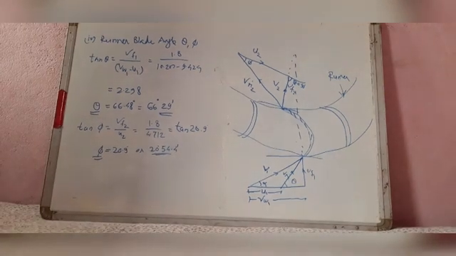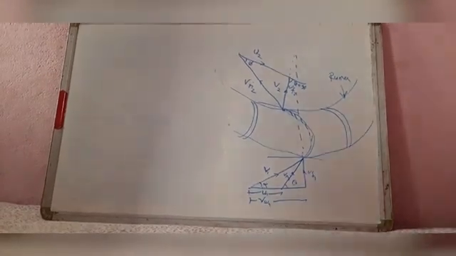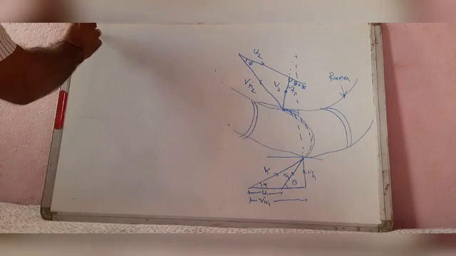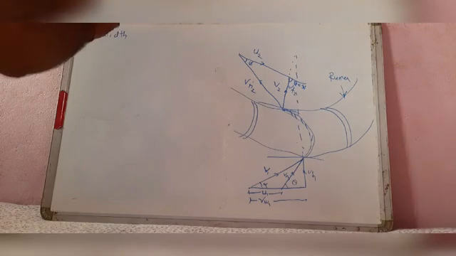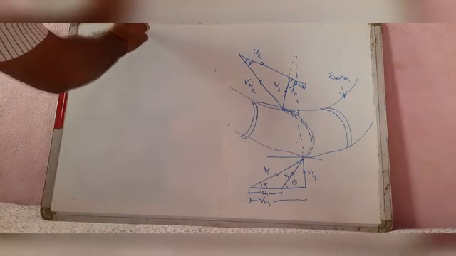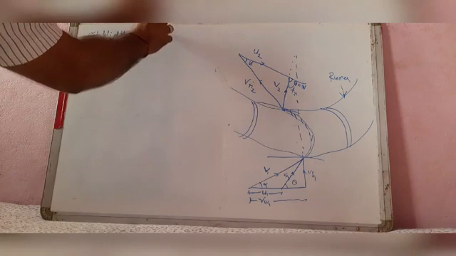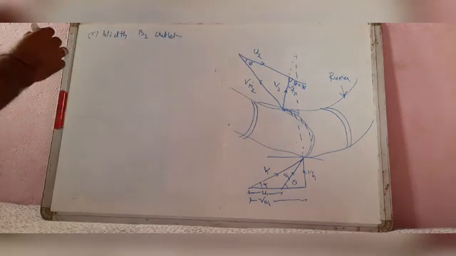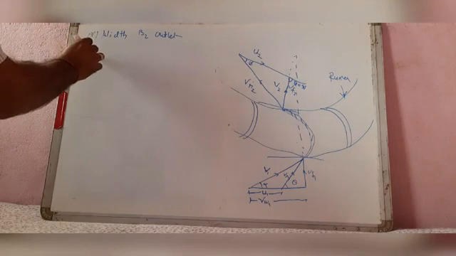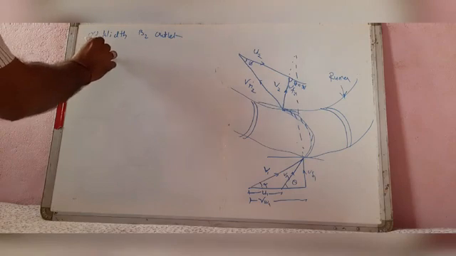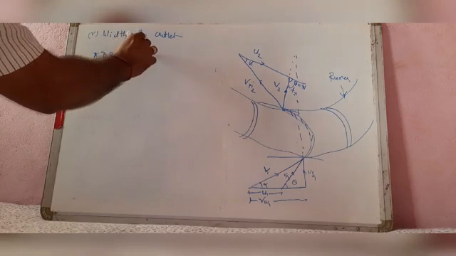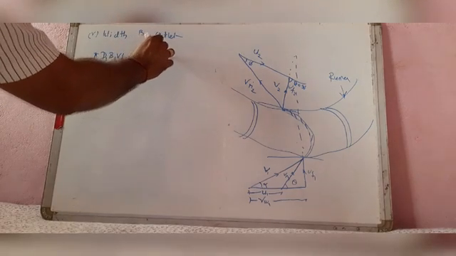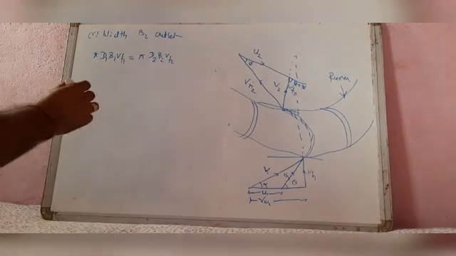Next we have to calculate the width of runner at outlet, B2. As we know, from the continuity equation, pi D1 B1 VF1 equal to pi D2 B2 VF2.